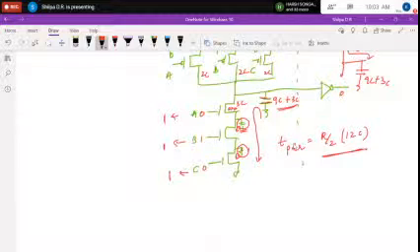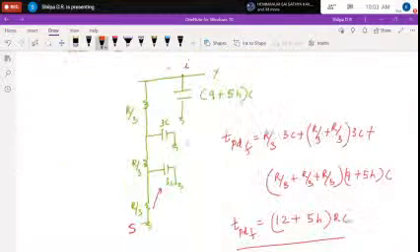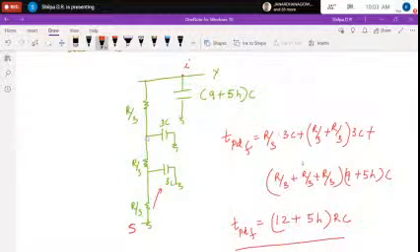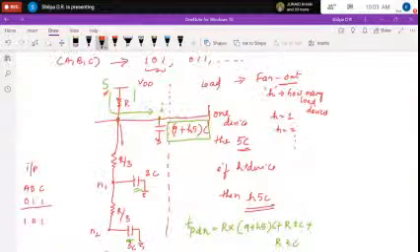But in the previous example, I had taken the general case. So this case is different, okay? Because in the worst case I took, two devices were on.